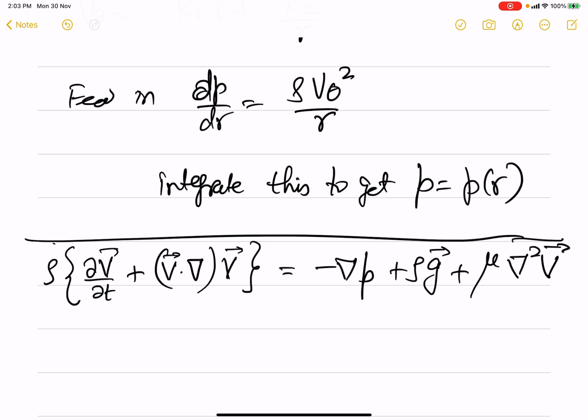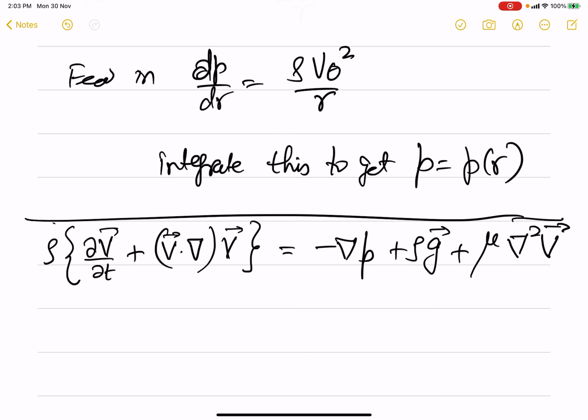This is the Navier-Stokes equations. Now let us try to see the physical meaning of each of these terms, and we'll also see it in the context of the problems we have solved.